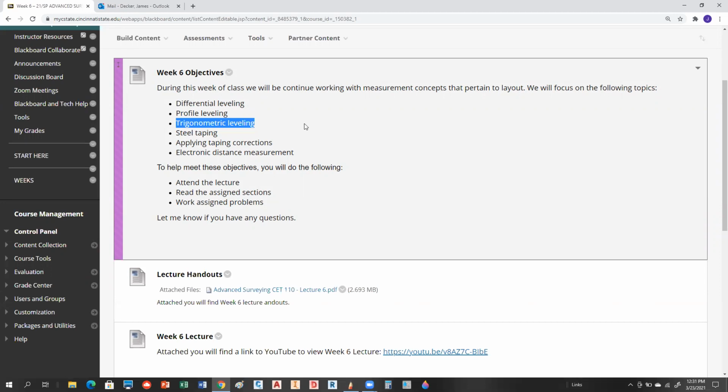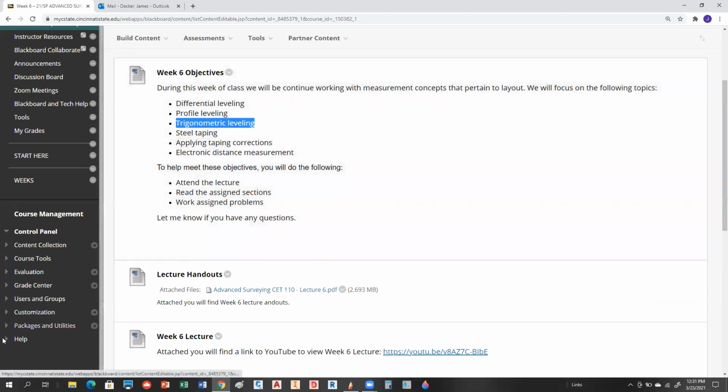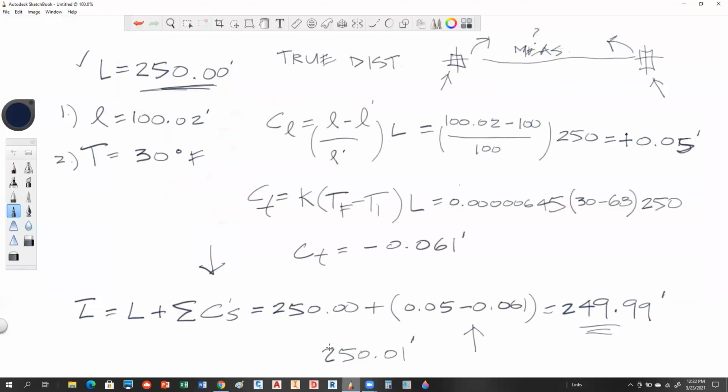Okay. So if I ask you theoretically, what's the difference between differential leveling and profile leveling? What's the difference? Is there a difference? Profile leveling has side shots and differential leveling doesn't. Correct.